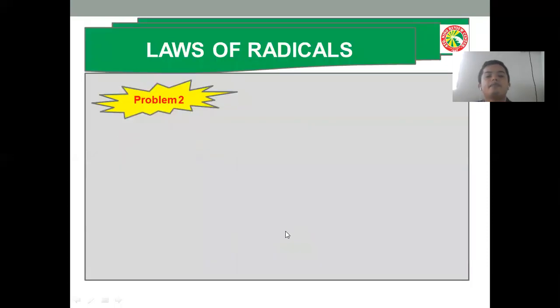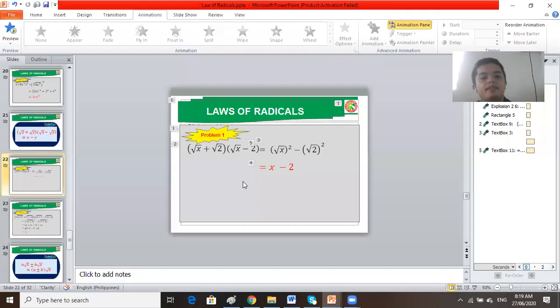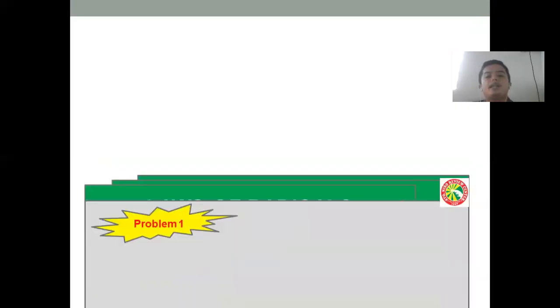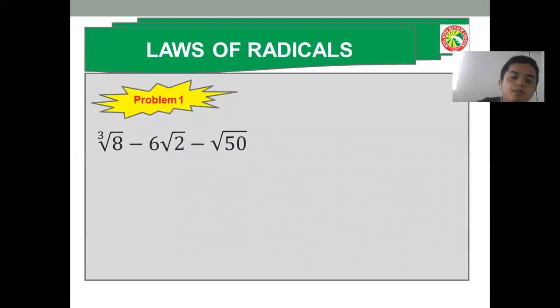So let's have an example to make it clear. This is problem number 1: the cube root of 8 minus 6 square root of 2 minus square root of 50. They have different radicands, 8, 2, and 50.